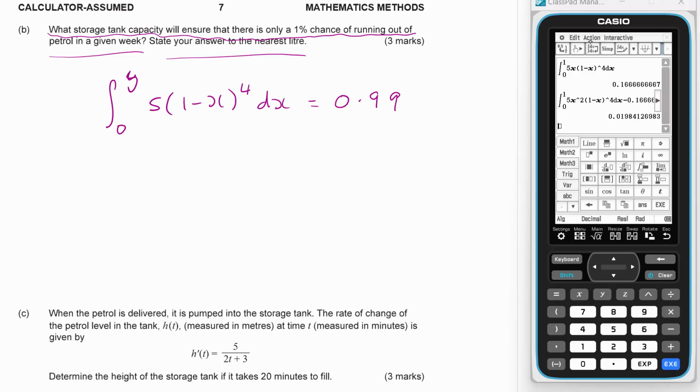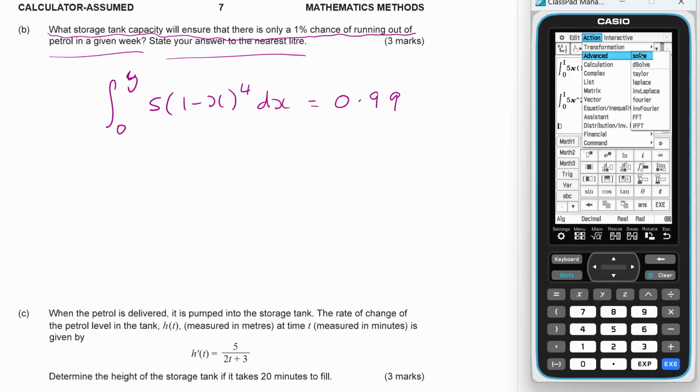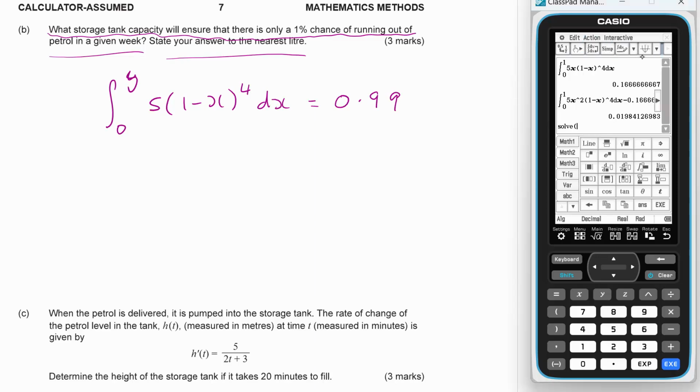So we can do an action, advanced, solve, and then we can do the integral. Oh, I've got two integrals there.